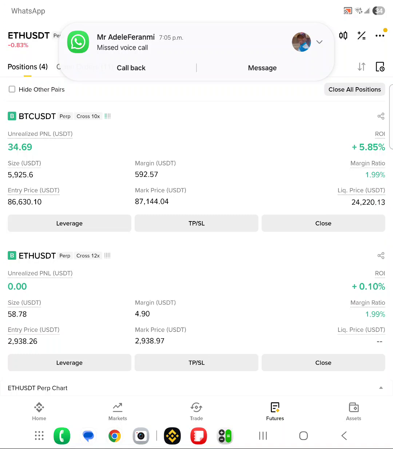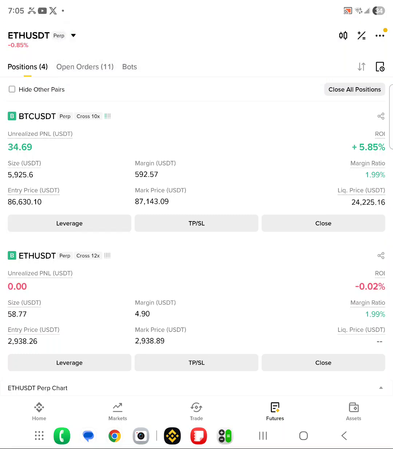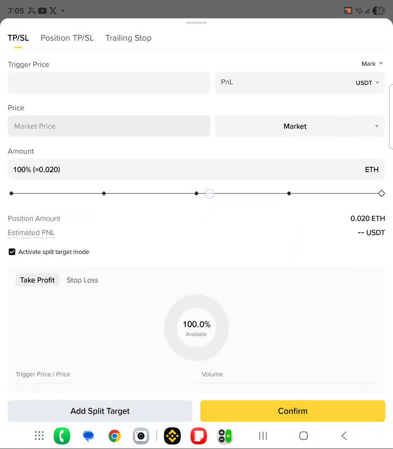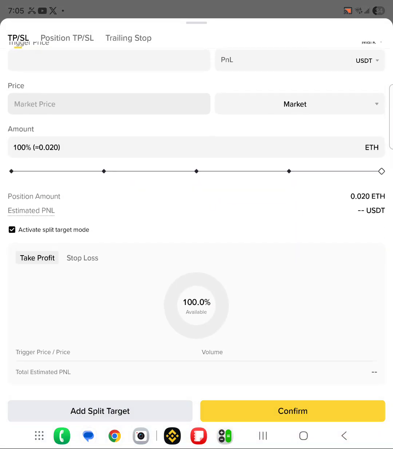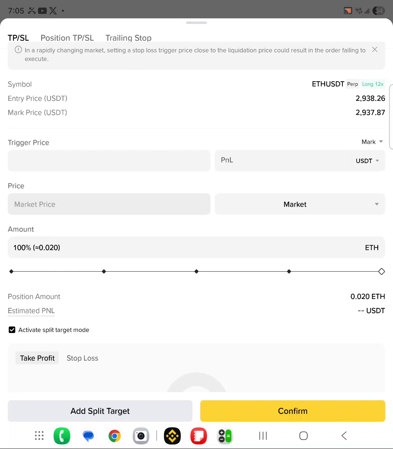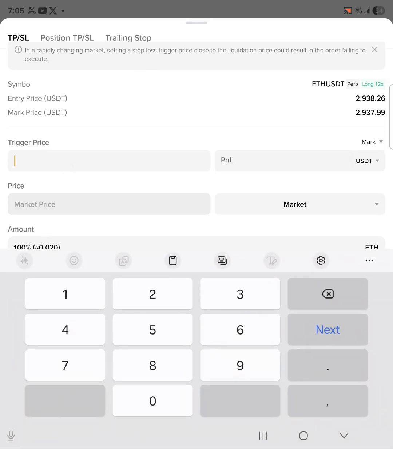Right now, you can see, if I want to take profits or stop loss, for the take profit, for example, that kind of signal, you can set your take profit and split. Let's say my first profit is 2980.